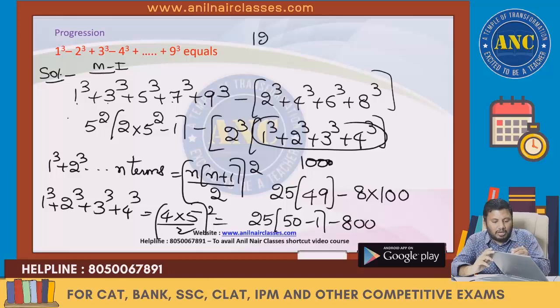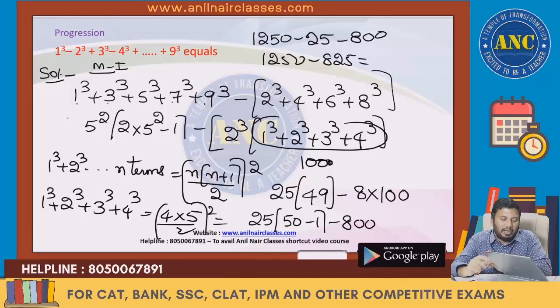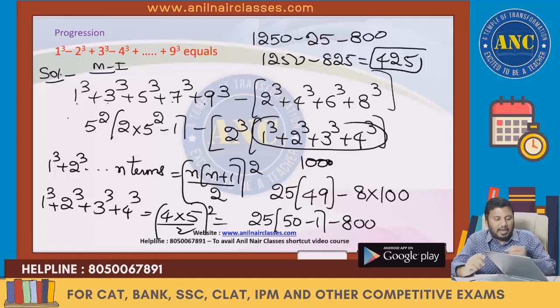This is nothing but 1250 minus 25 minus 800. 1250 minus 825, which is 425. Answer for this question is 425.